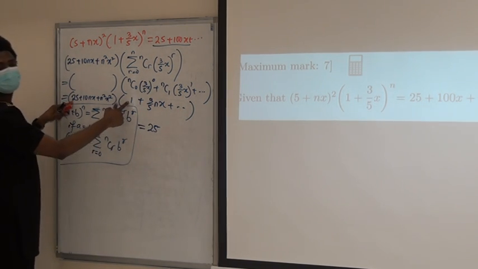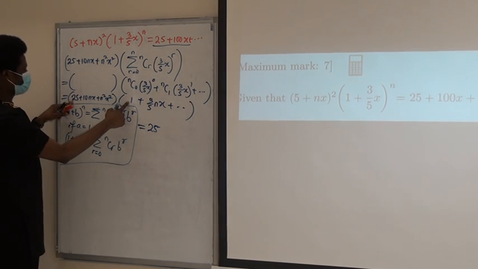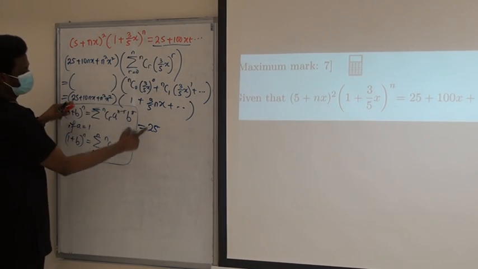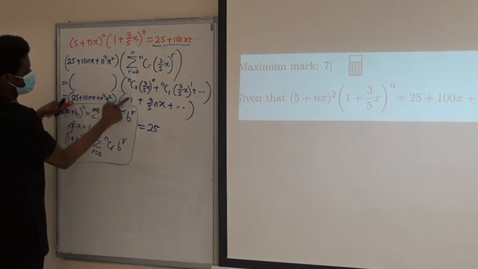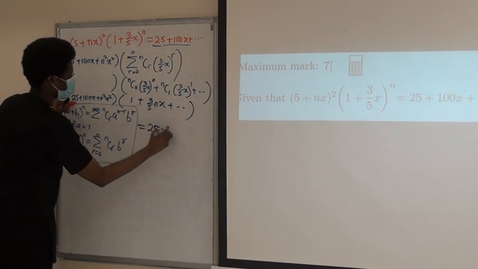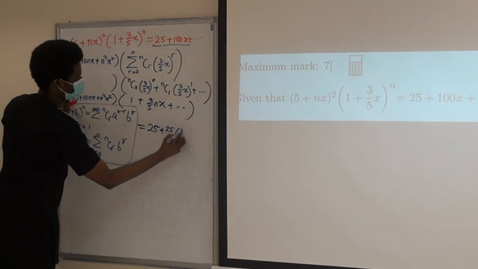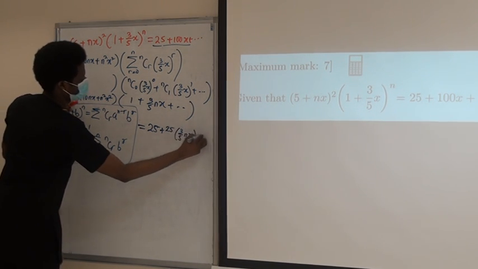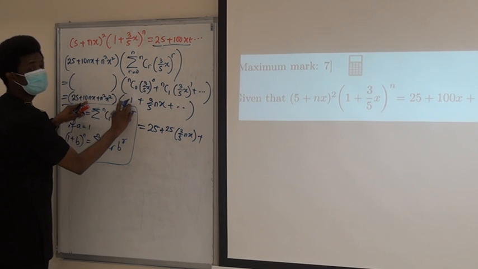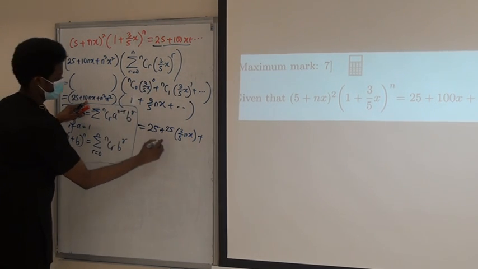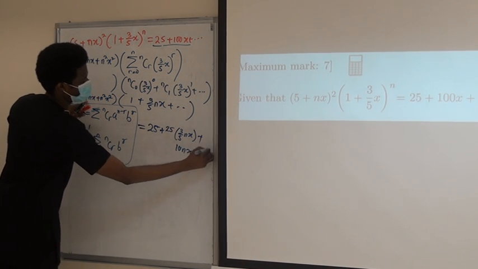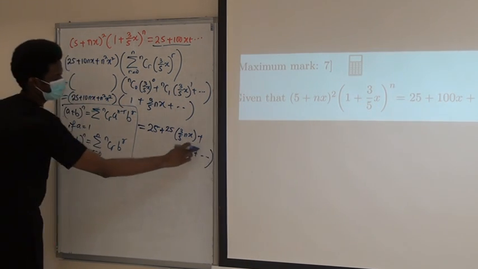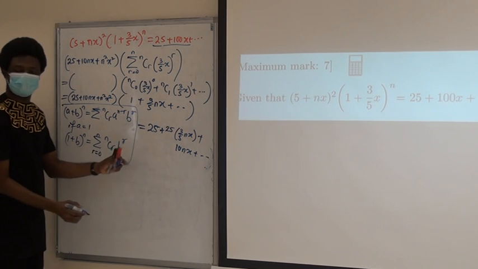Then to get the linear parts, we multiply this by this, 25 by 3 over 5 nx, plus this by this, which is what? 10 nx. And the rest, we don't care. Just put continuation because we are not approximating, right?